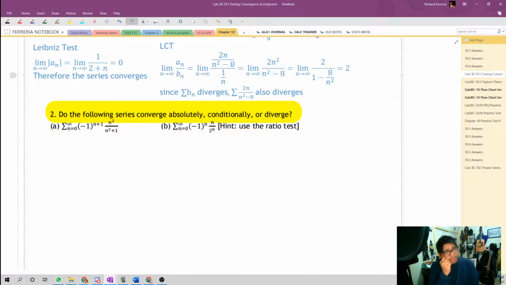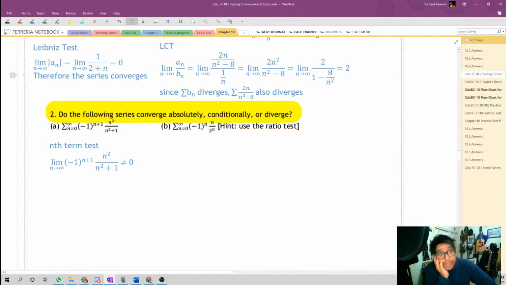Well, I'm looking at that, and clearly it's an alternating series, but the n squared over n squared plus 1 concerns me because that limit is 1. And we already know if the limit isn't equal to 0, the series is going to diverge. So this one looks pretty easy, the letter A.